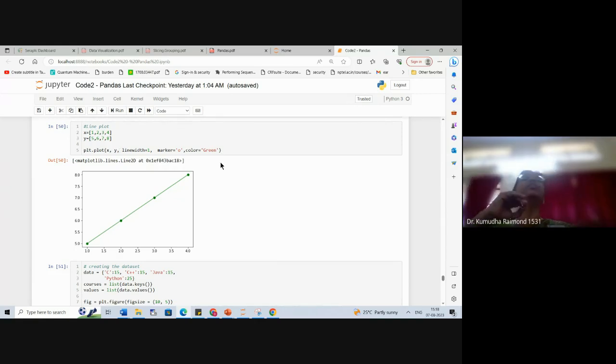It takes the values of x and y, and it will say that for the value 1 in x, the answer in y is 5. Are you able to see? 1 in x, 5 in y, and here it is 2 in x and 6 in y. That is the value of y. Okay, so this is actually called the line plot.